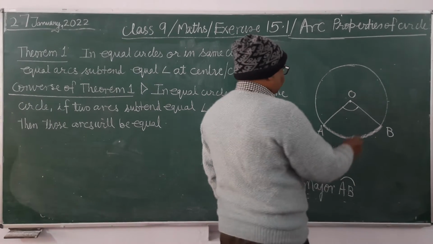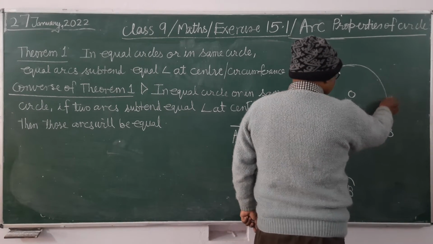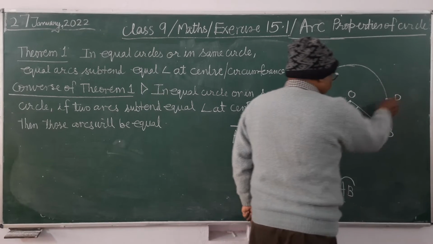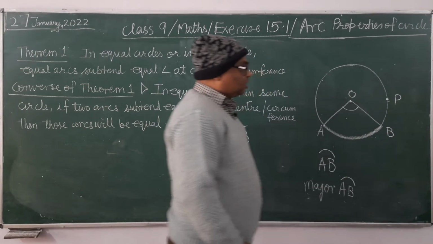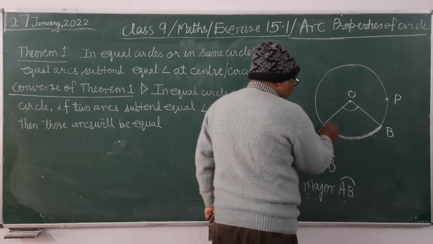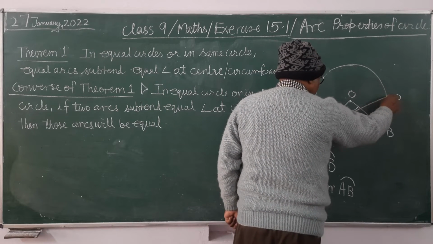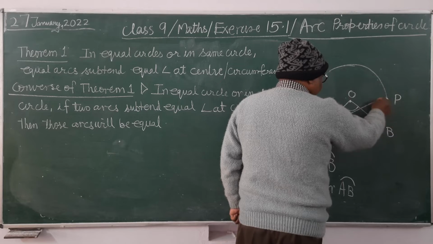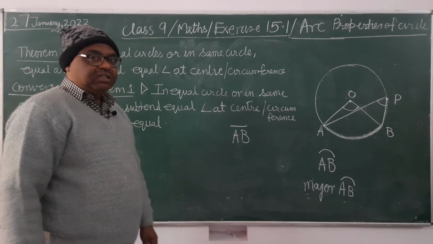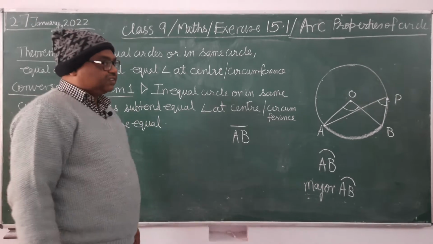So see here, you have taken this point P. In the same way, you join the end points of the arc: A to P and B to P. This will be the angle subtended by arc AB at the circumference.